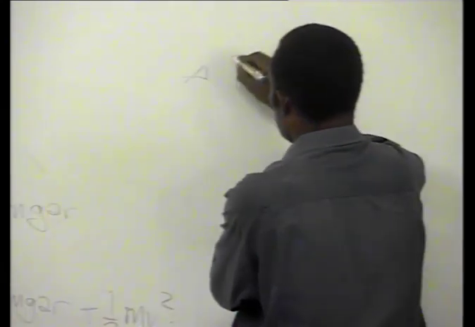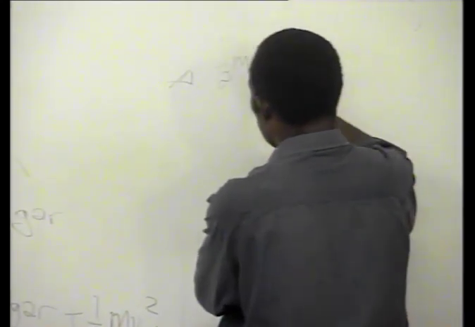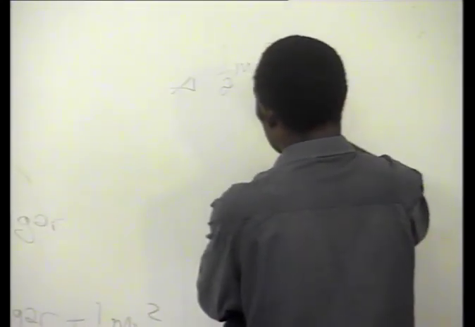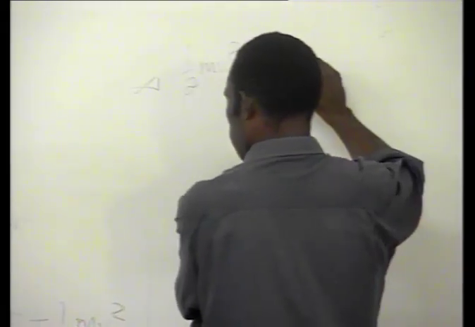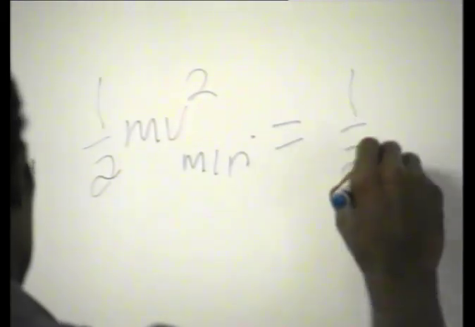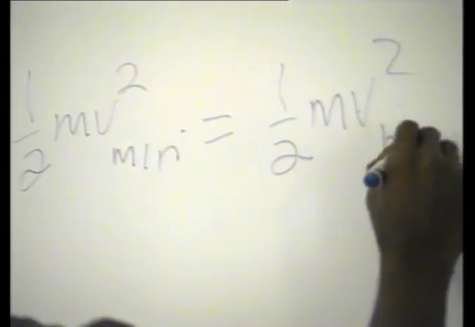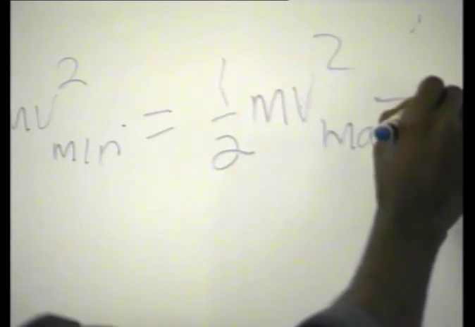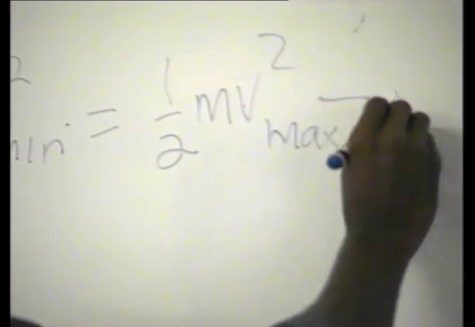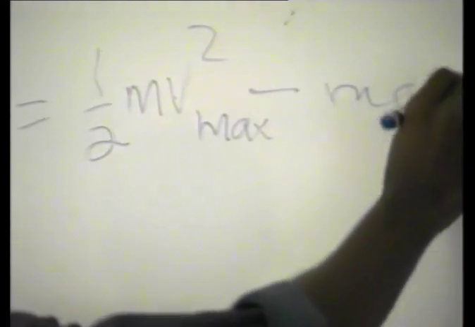Okay. Half m v square minimum equals to half m v square max minus mg 2r.